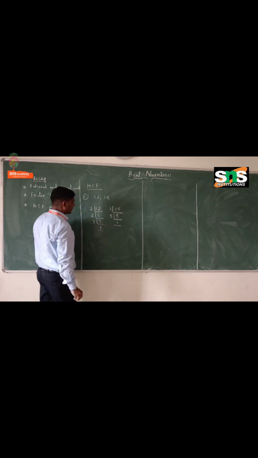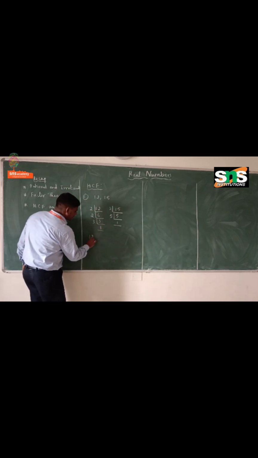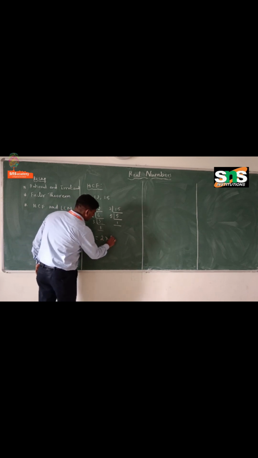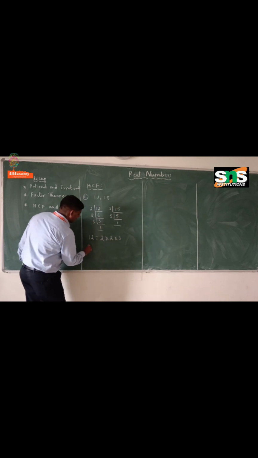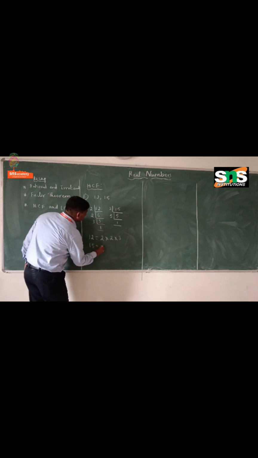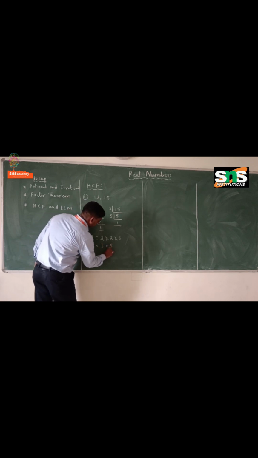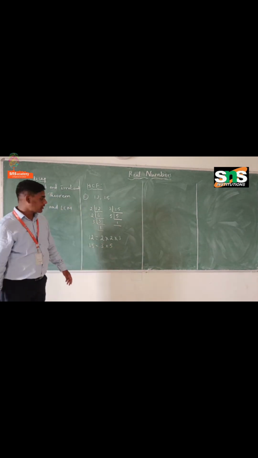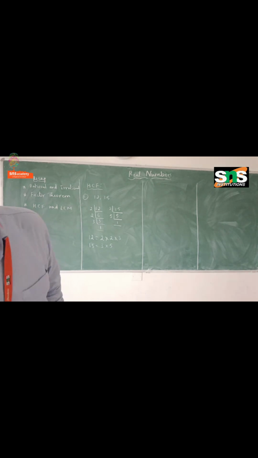So 12 is equal to 2 into 2 into 3, and 15 is equal to 3 into 5.